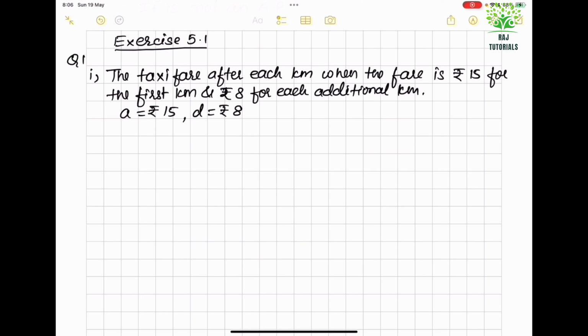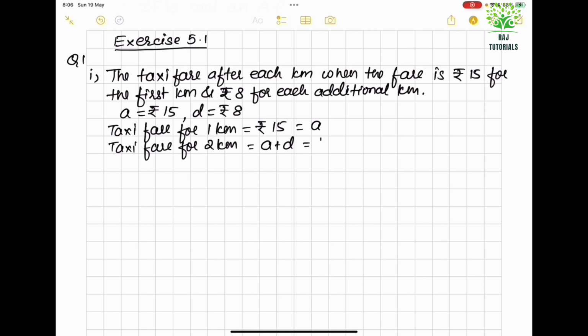So he is asking to find the taxi fare. Taxi fare for 1 kilometer equal to rupees 15, that is nothing but A. Taxi fare for 2 kilometers is A plus D, that will be rupees 15 plus 8, so rupees 23. Taxi fare for 3 kilometers will be A plus 2D.